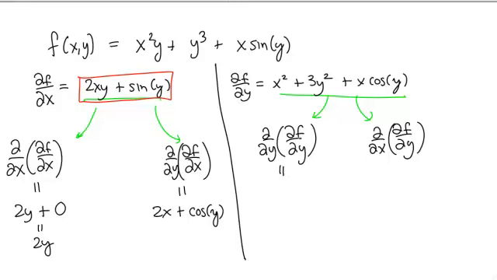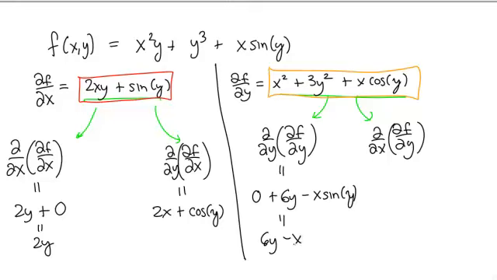If we take the partial derivative with respect to y of this formula right here, the derivative of x squared with respect to y is 0, the derivative of 3y squared with respect to y is 6y, and the derivative of x cosine y, since I don't need to use the product rule, is negative x times the sine of y, or 6y minus x times the sine of y.